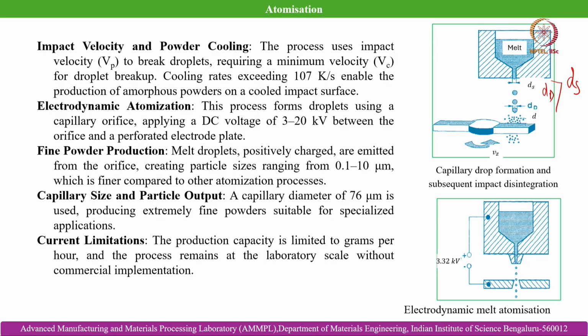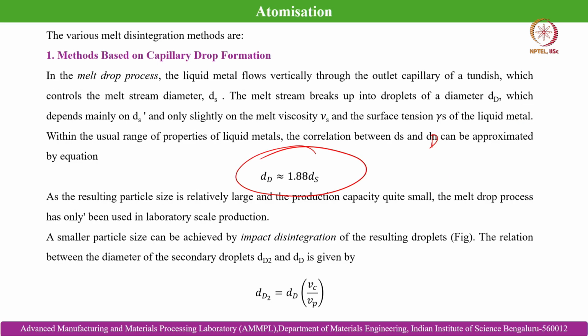Further, this droplet impinges over the metallic base plate and gets disintegrated, generating secondary droplets, which are then solidified in the form of powder particles. The diameter of these secondary droplets, which is much smaller, is marked here as small d, or d2.